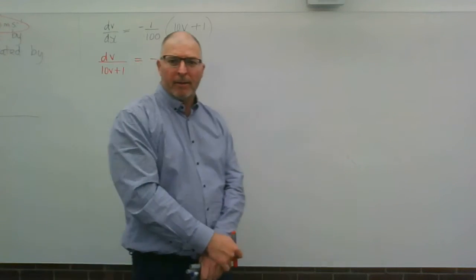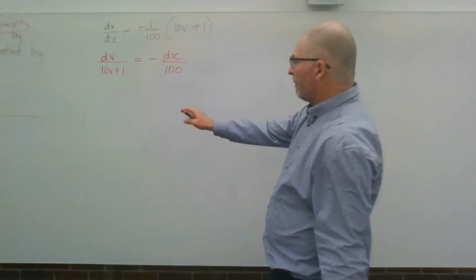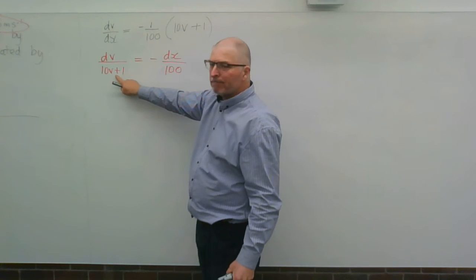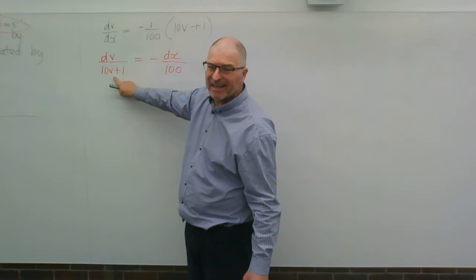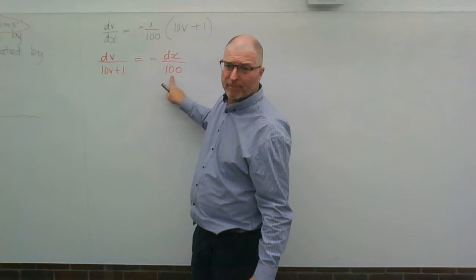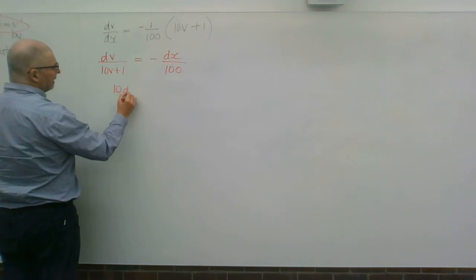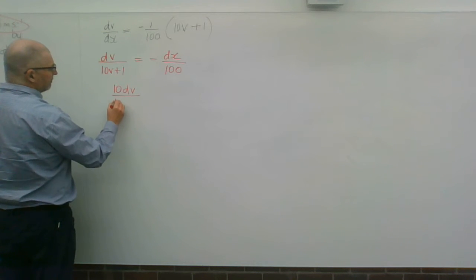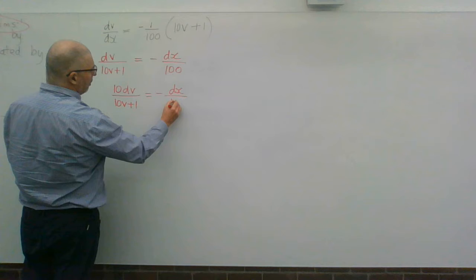So that's not too bad to integrate. The derivative of 10v plus 1 is 10, so I'd like to have a 10 on the top. So I might pinch a 10 from down here. So this will be 10 dv on 10v plus 1 equals minus dx on 10.